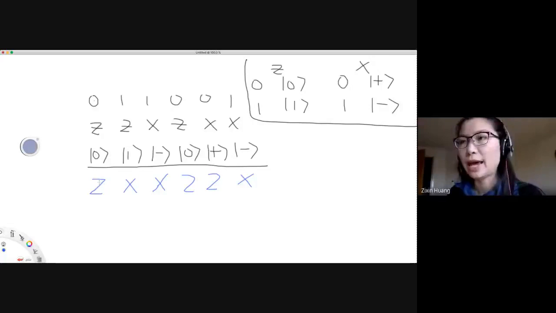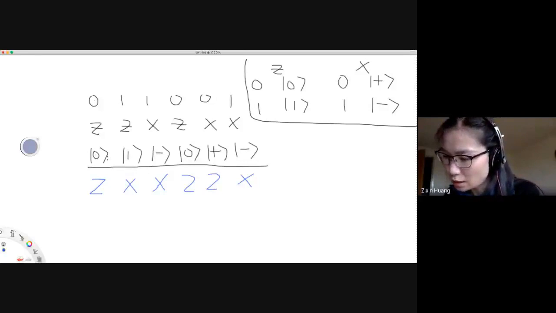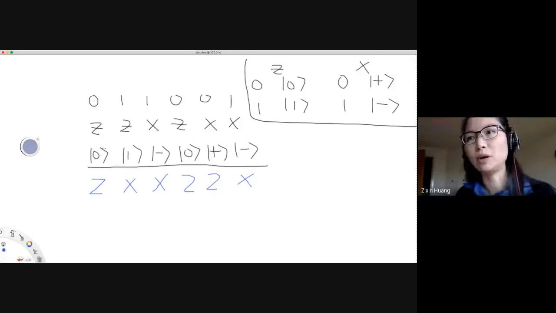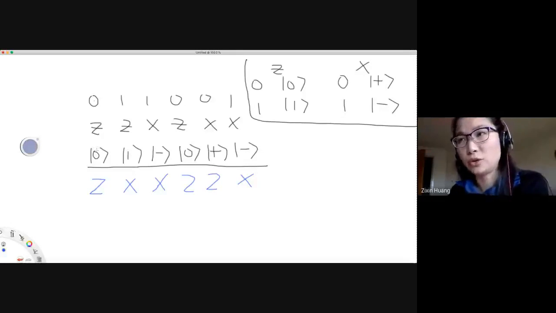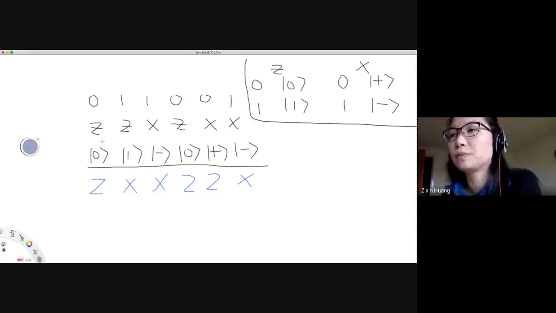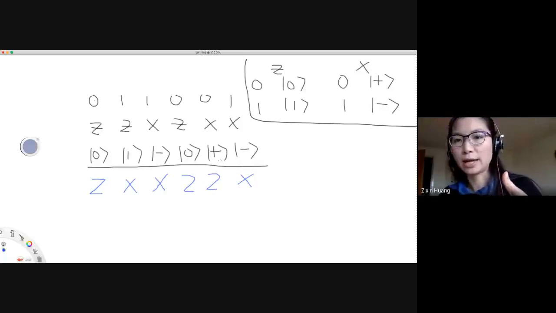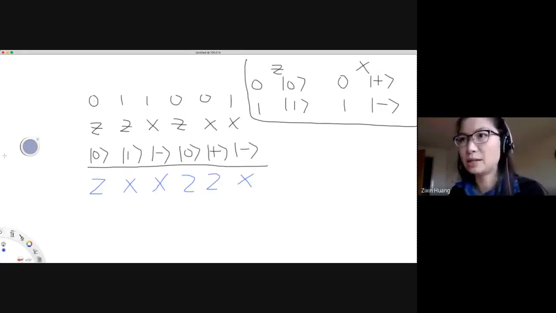So now that they've done this many times, after Bob has received everything from Alice, Alice will tell Bob publicly what basis she has chosen to prepare the qubits in, and they match the ones where the preparation and the measurement are done in the same basis.